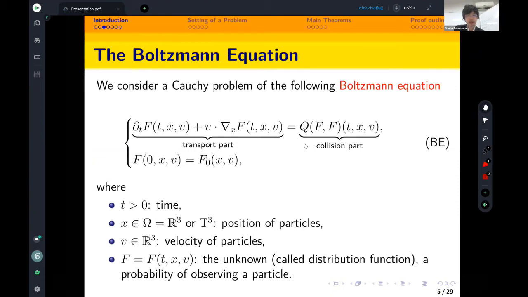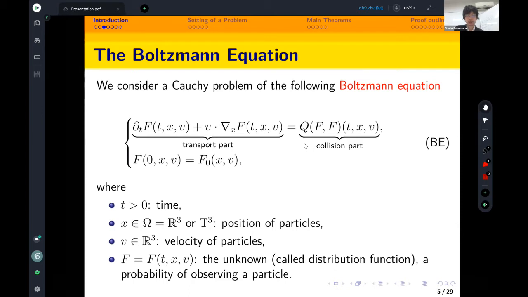Here, t means time, and x is in the domain Ω. We consider the case where Ω equals either R^3, the whole space, or T^3, the three-dimensional torus. This represents the position of particles, and v is the velocity of particles.